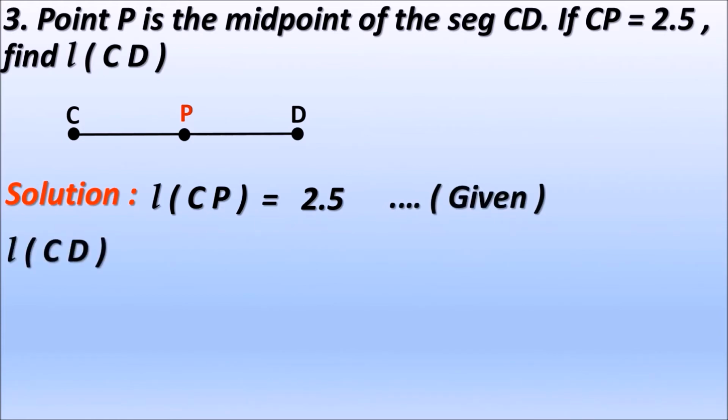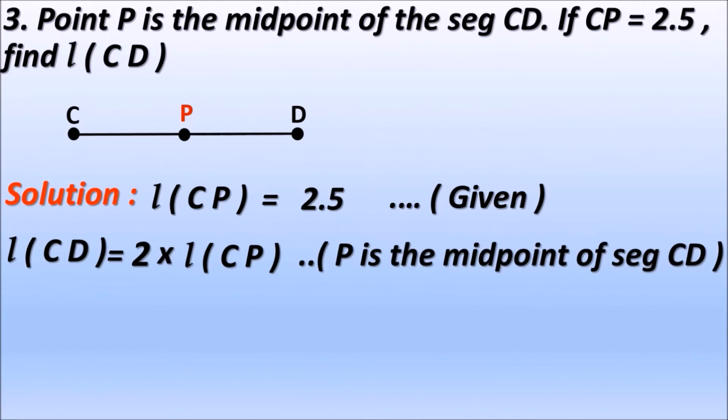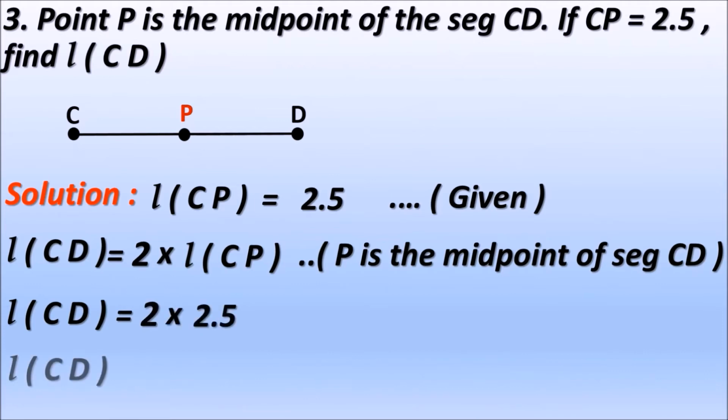Length CD is 2 times length CP, because P is the midpoint of seg CD. Therefore length CD equals 2 into 2.5. You will get 5.0, which means 5. So length CD equals 5.